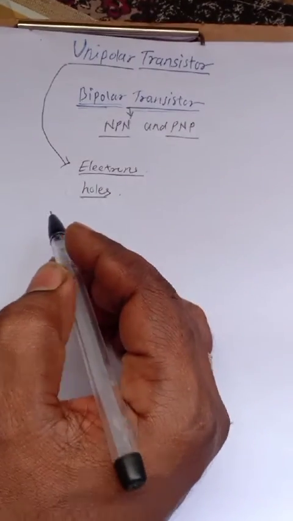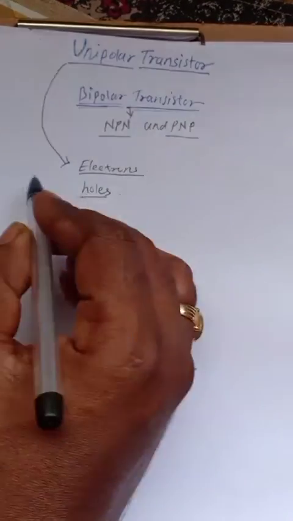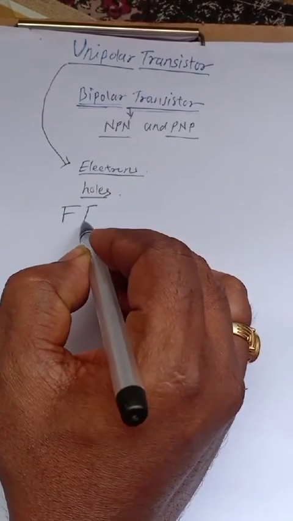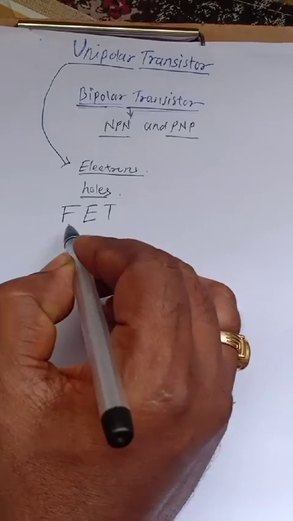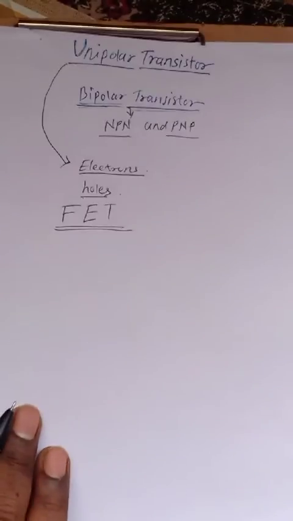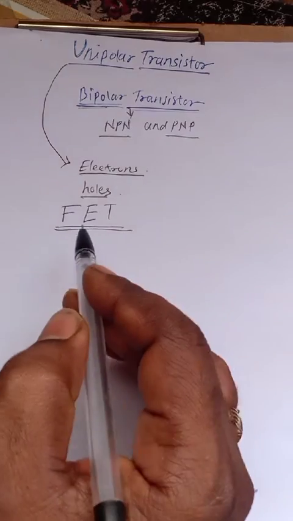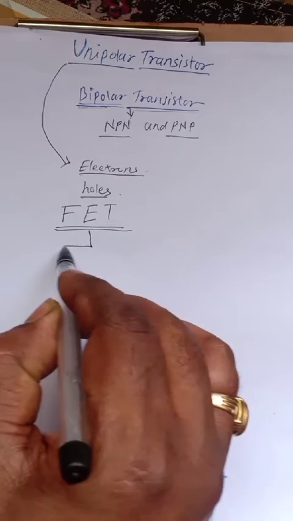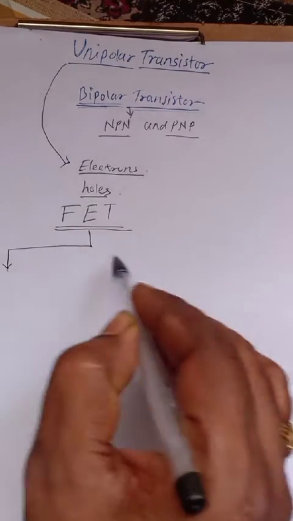So the main transistor of this unipolar category is the FET, short form FET. It is a field effect transistor, a unipolar transistor. The field effect transistor is again divided into different categories.